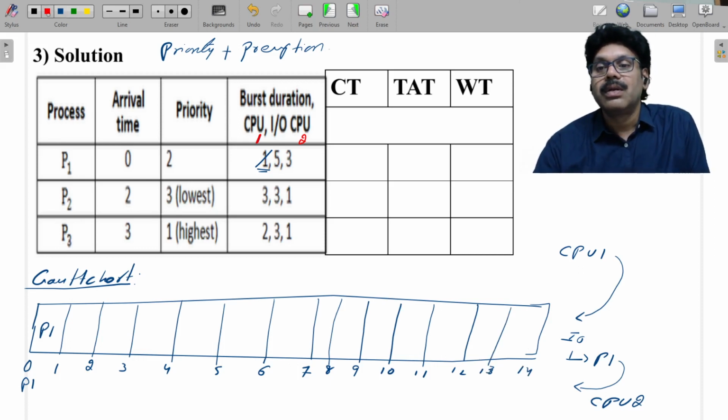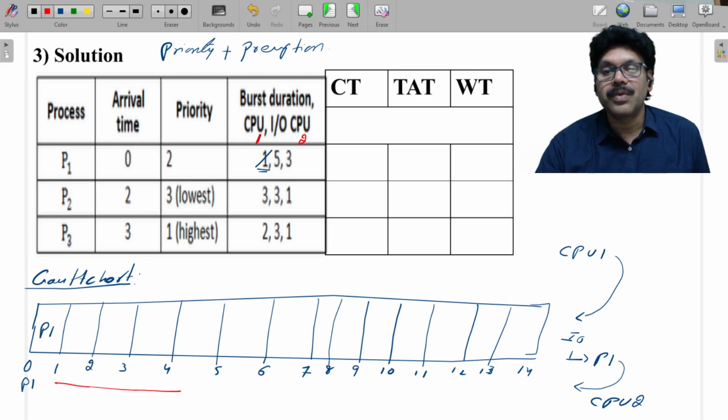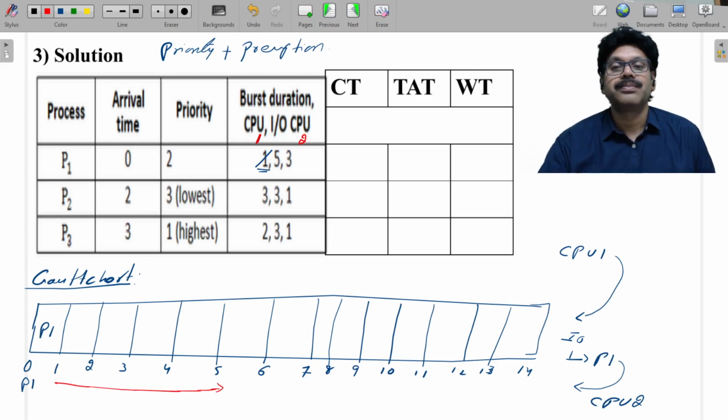After executing 1 unit of time, CPU 1 is completed, and it takes 5 units of IO. So 1 plus 5 is 6. That means process 1 will come again exactly at 6. 1, 2, 3, 4, 5: 5 units. 1 plus 5 is 6.